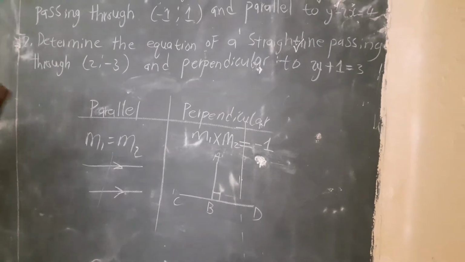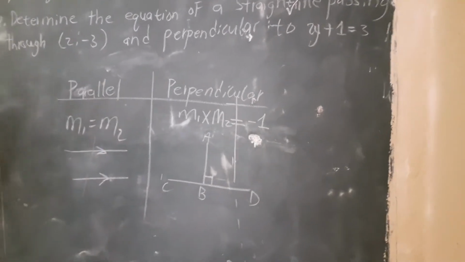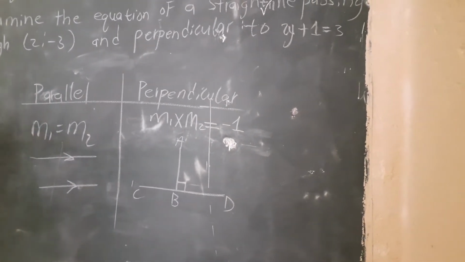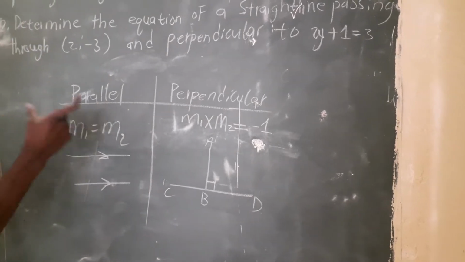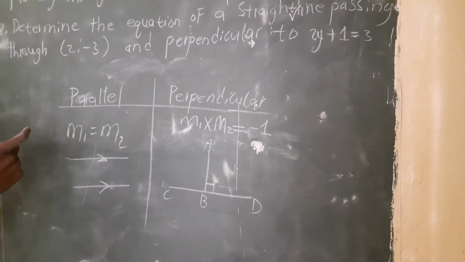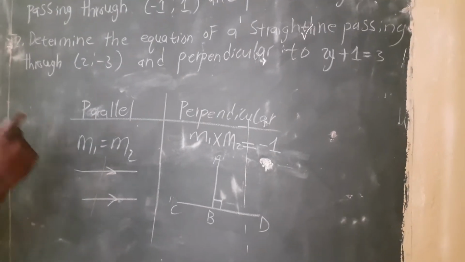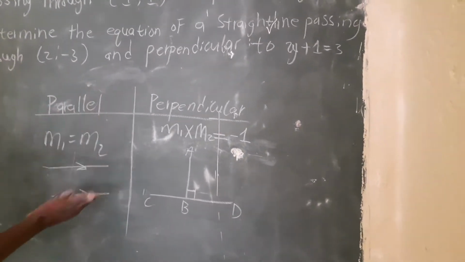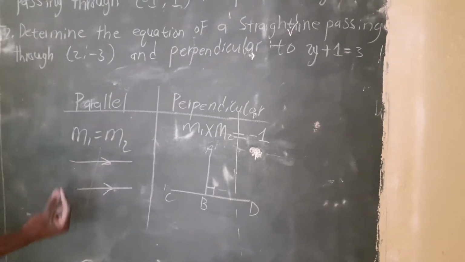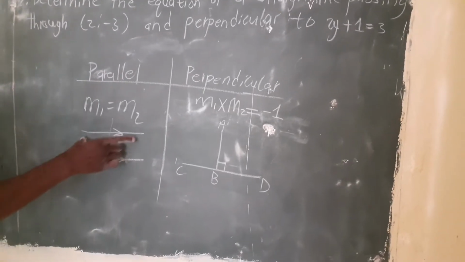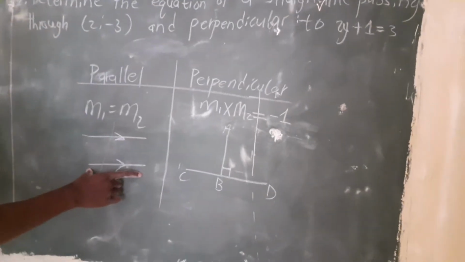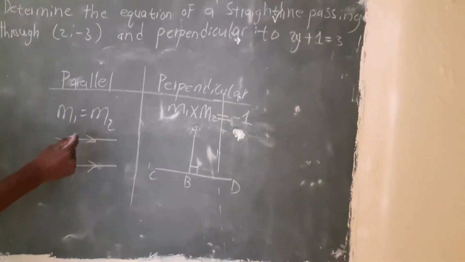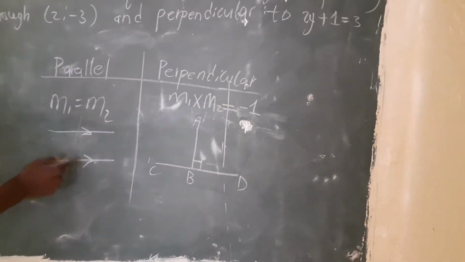Now, there are only two things to talk about for perpendicular and parallel. When we say that lines are parallel, the first thing that should always come to your mind is that the gradients of those lines are equal to one another. Meaning if I have a line parallel to this one, the gradient is the same, so m1 and m2 are the same.